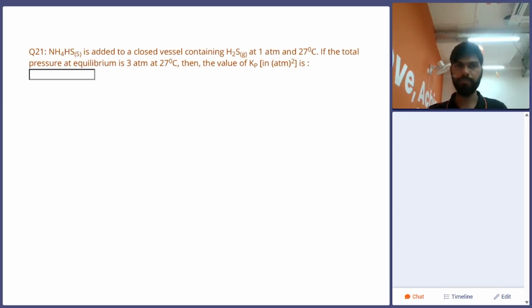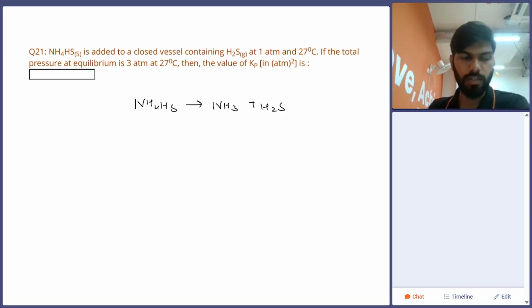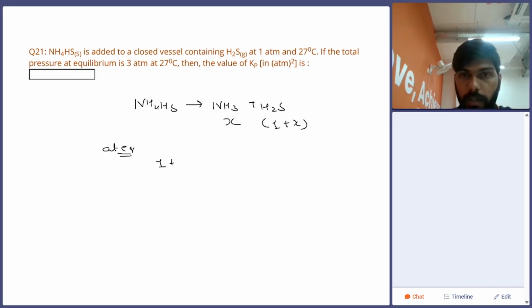So now we will move to the next part, that is integer type of question. So here it is saying, class, that ammonium bisulfide NH4HS is added to closed vessel containing H2S. So NH4HS gives NH3 plus H2S. Okay, clear? When you do that, first of all, this is X mole form, this will form, already 1 atm is present, so this will be 1 plus X. So now at equilibrium, it is given here total pressure at equilibrium is 3.